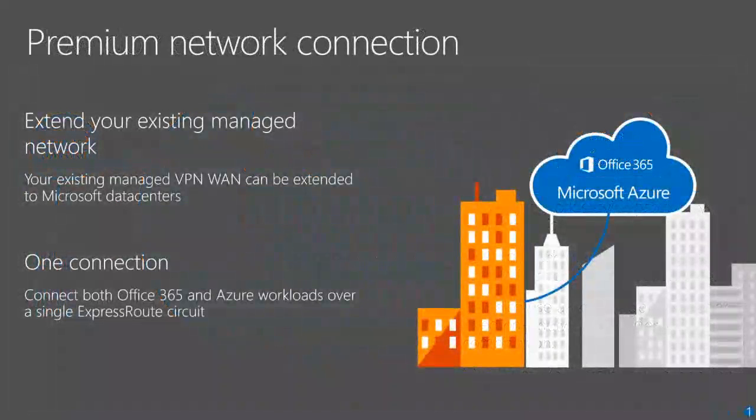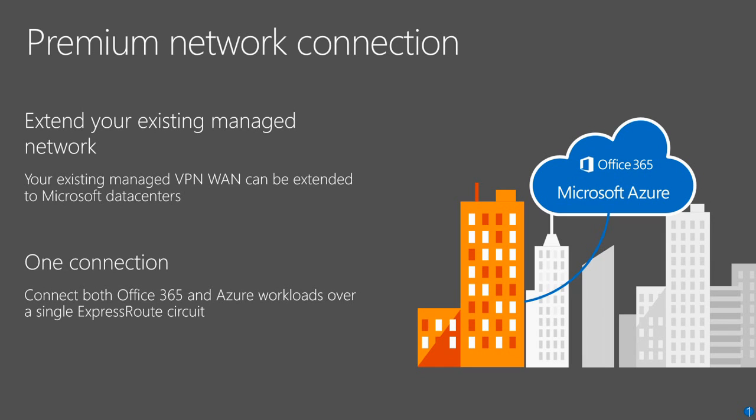All right, so let's drill in and talk a little bit about the benefits that you get for Office 365 if you look at using Azure ExpressRoute. The first one is that you really do have a single connection for connecting both to Azure services and Office 365 services. If you're using a managed VPN, this can be as simple as just calling up your existing WAN provider and saying, hey, I want to add another site to my WAN and I want it to be Office 365.